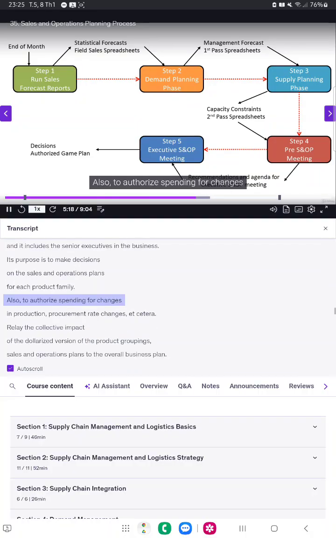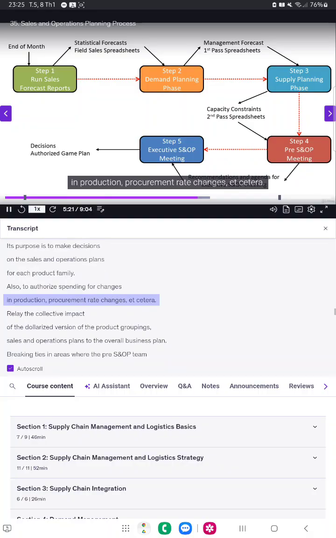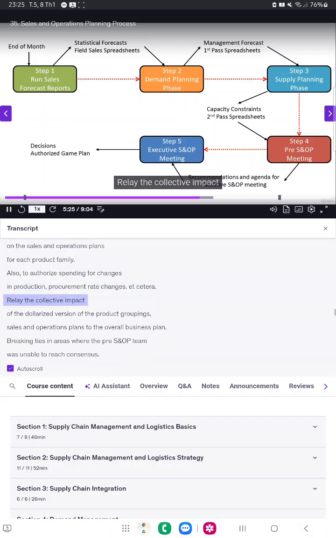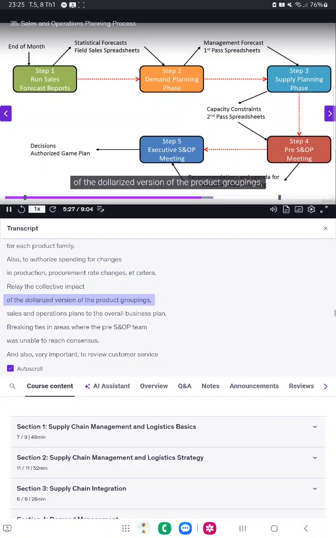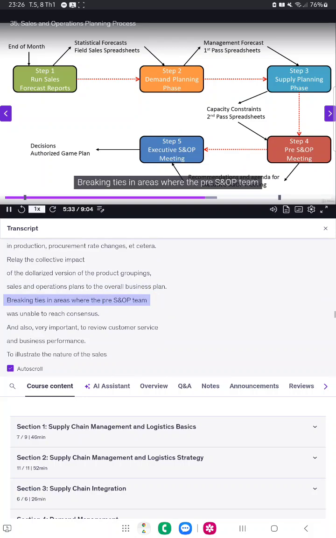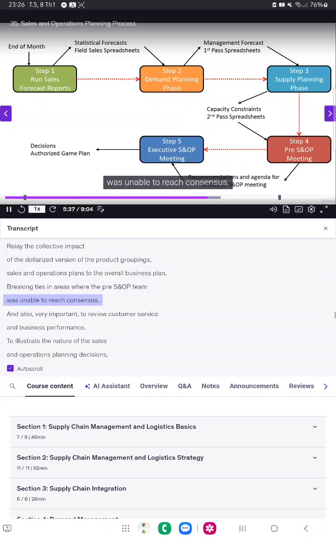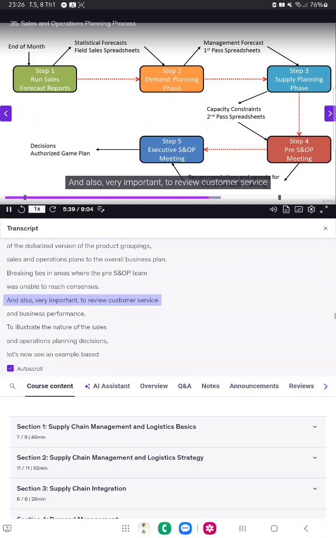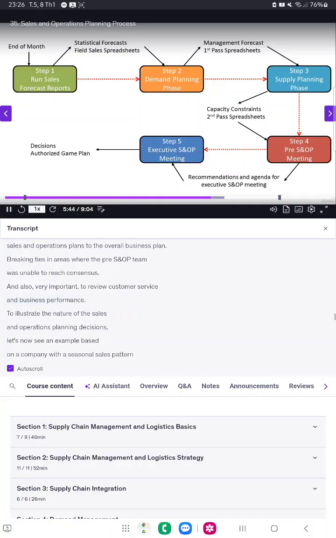Also, to authorize spending for changes in production, procurement rate changes, etc. Relate the collective impact of the dollarized version of the product groupings' sales and operations plans to the overall business plan. Breaking ties in areas where the pre-S&OP team was unable to reach consensus. And also, very important, to review customer service and business performance.